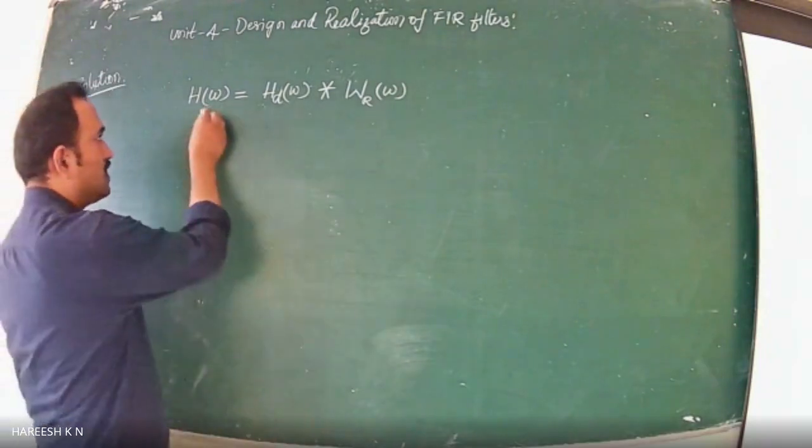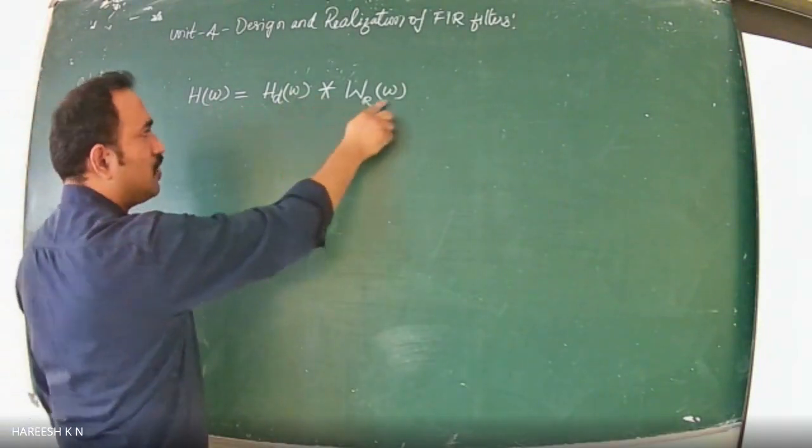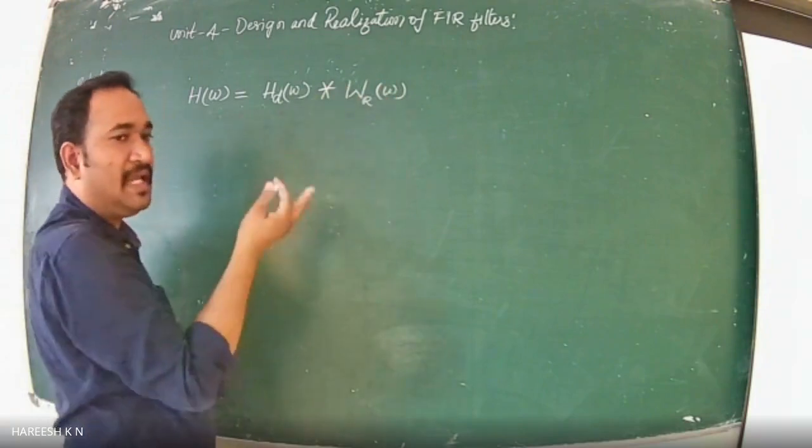H of omega is equal to HD of omega convolved with WR of omega. This is what filtering is, right?